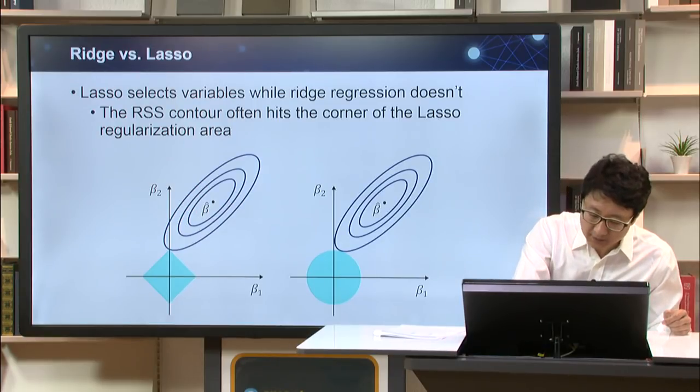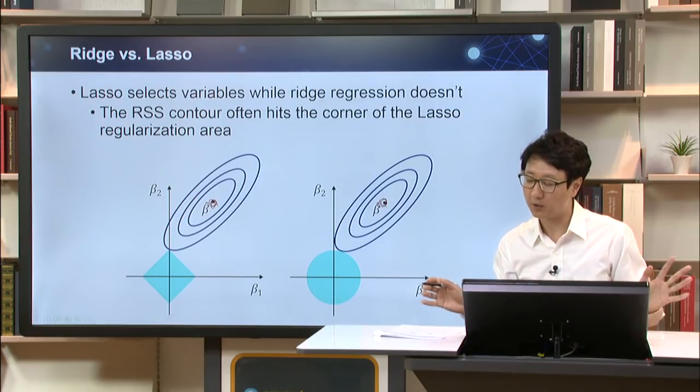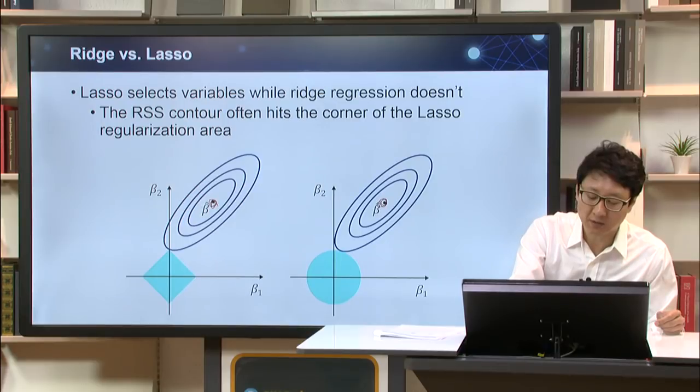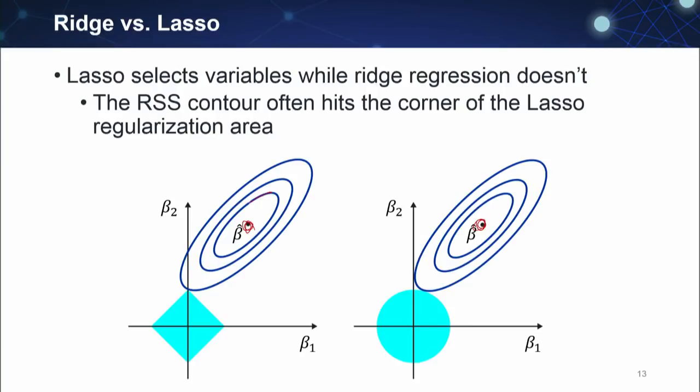Then this beta hat is the optimal point when there is no other constraint. As RSS gets larger, the corresponding betas actually make this contour in the form of an ellipse.